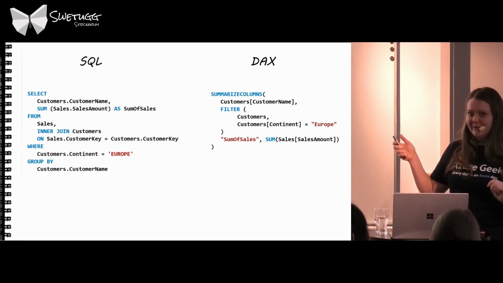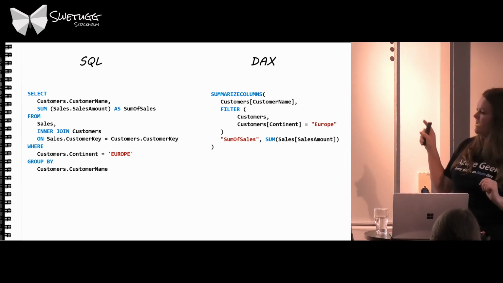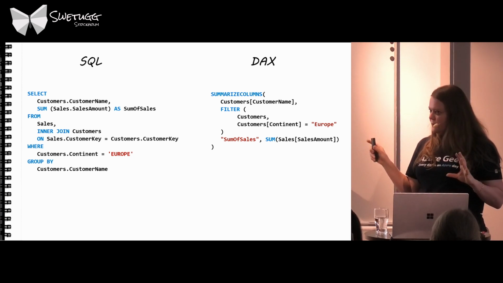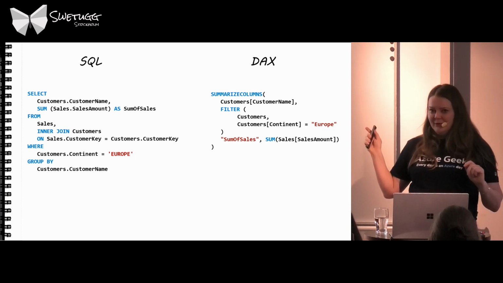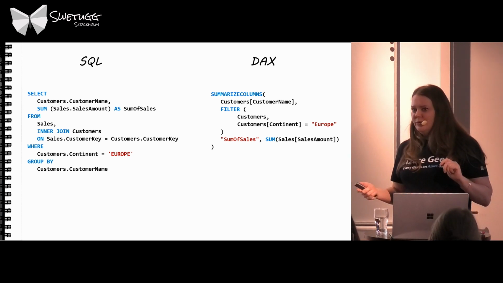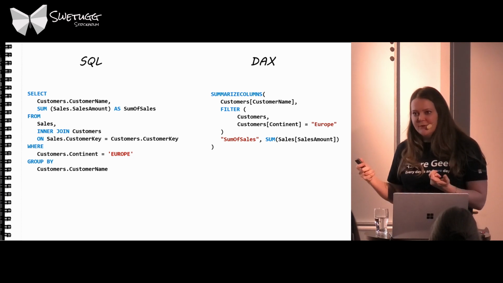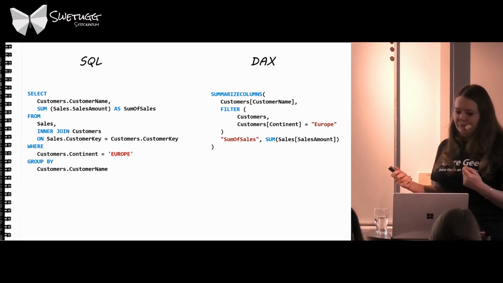DAX is different. DAX is tricky. The order in which I nest my functions and which functions I use matters, because for one query I might be able to use different functions. It can create a different query plan and execute differently, with different outcome and different performance. Some queries are executed faster.